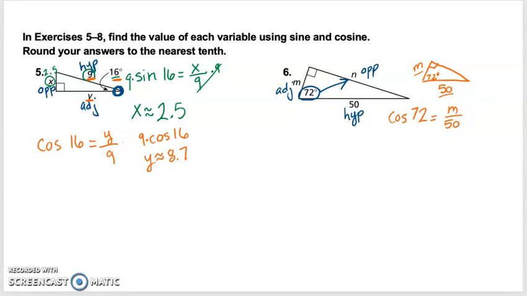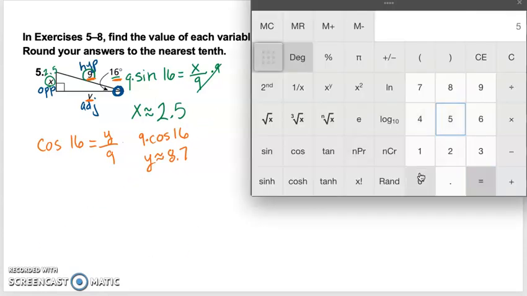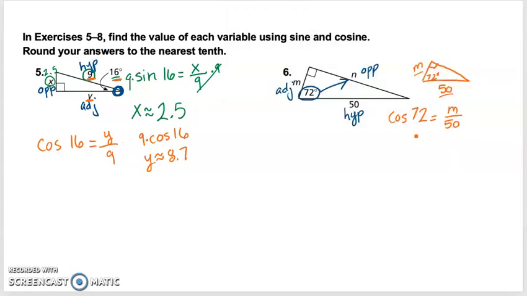So then we would multiply that by 50. So calculator, 50 times cosine 72. And that's about 15.45, so that rounds up to about 15.5. So m is approximately 15.5. Then we look at finding n.